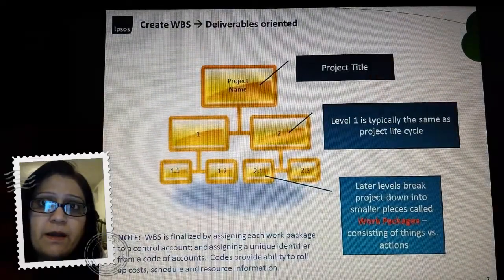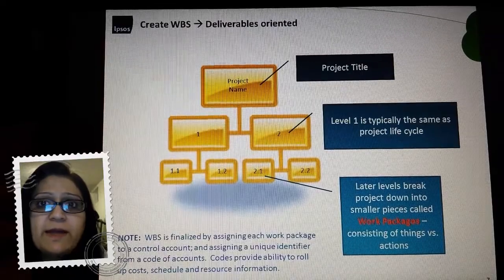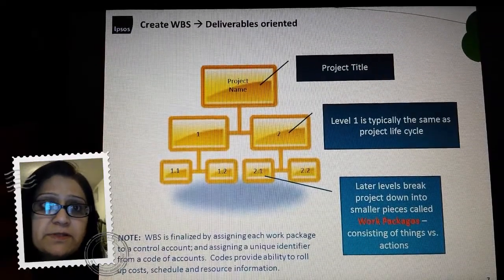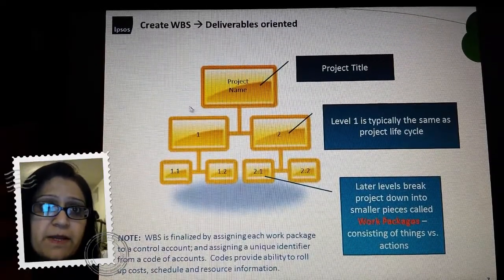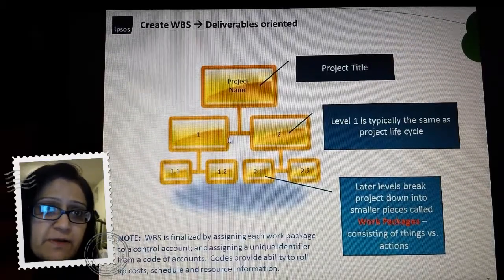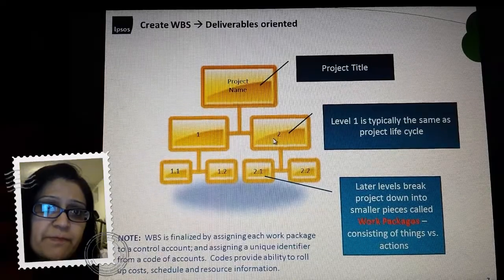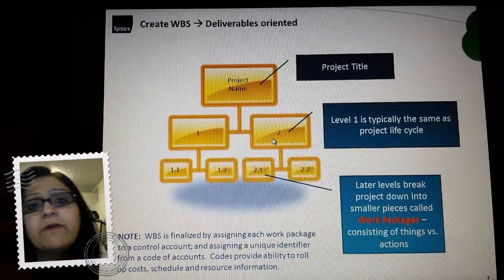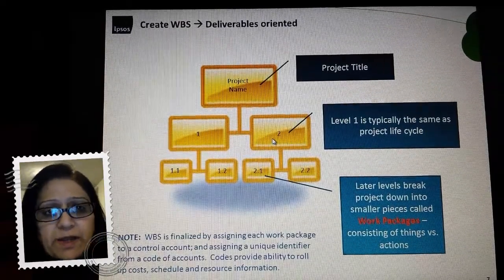So, as we mentioned, creating the WBS, it is a deliverables-oriented tool. So the first part here really is the project title, the project name. And then the first level here typically is the same as a project lifecycle. However, they can be called control accounts as well.